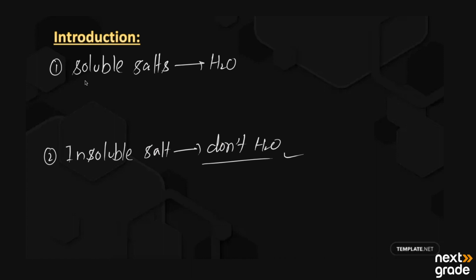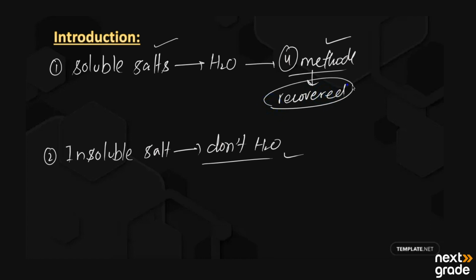For the preparation of the soluble salts, mainly we have four methods, and we will discuss these four methods one by one. By use of these four methods, the soluble salts can be prepared, and they can also be recovered by the process of evaporation, or we can say by the process of crystallization.